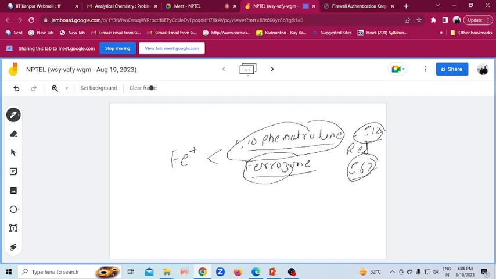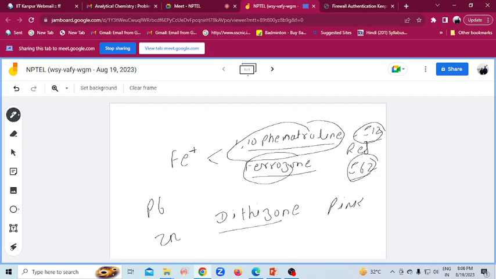But suppose you are using dithizone. It will give pink color in the presence of lead and zinc also.